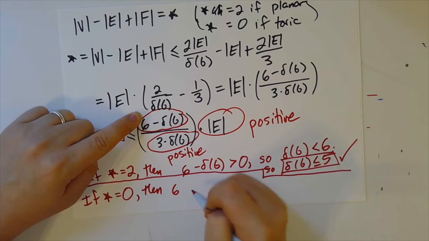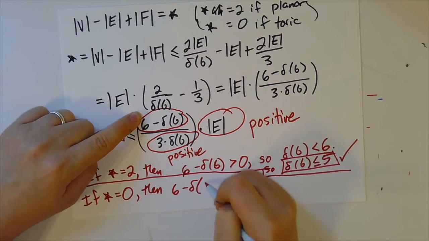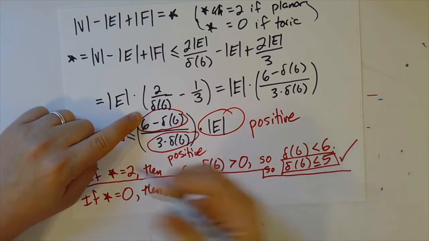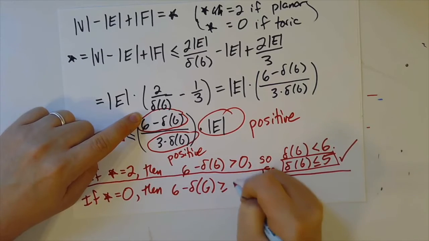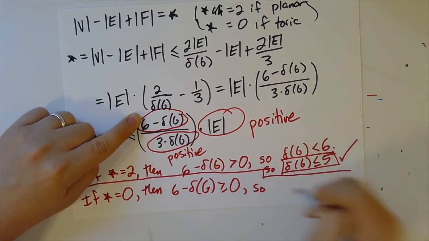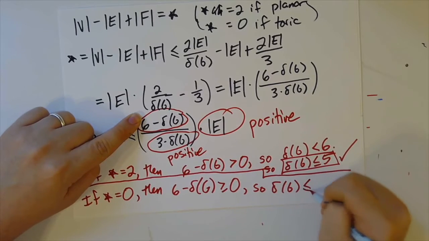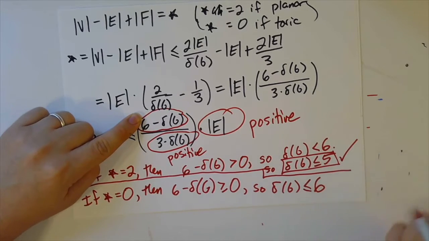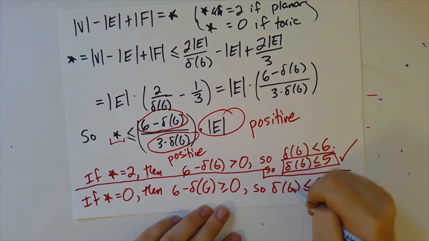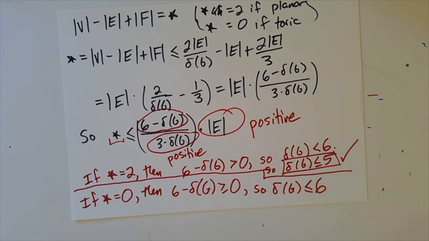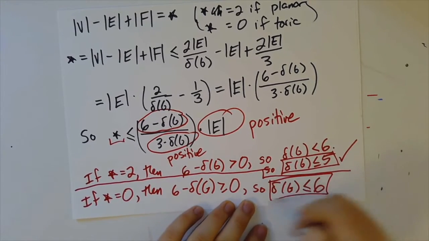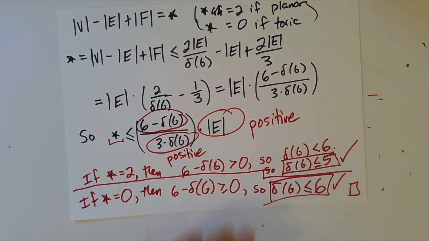So then 6 minus delta of g, let's see if I can make a g this time, must be greater than or equal to 0. So delta of g is less than or equal to 6. Okay, that time I really concentrated and got it to look like a g. This time it looks like a 6 again. Okay, but those two pieces, those both prove my claim.